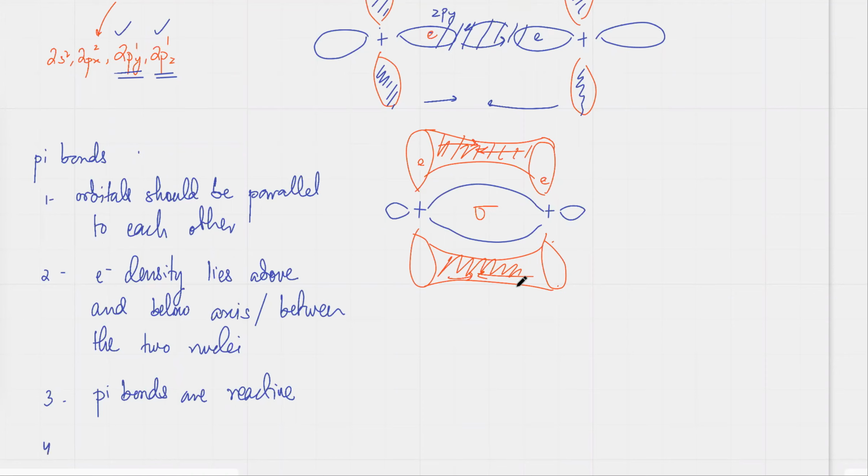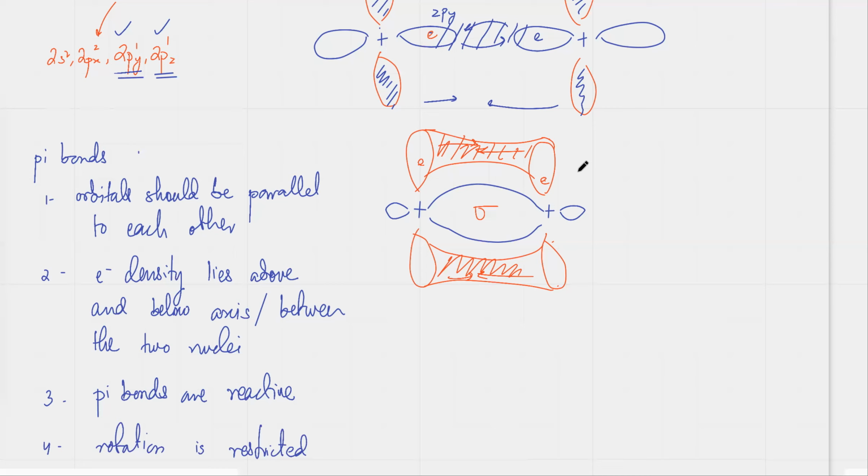The fourth point is that rotation gets restricted because of a pi bond. You can't twist a pi bond because now this part of the molecule and this part of the molecule are locked in place. If you know how to open a toffee wrapper, you twist it around.